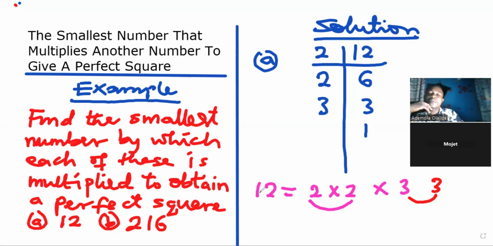So that means we need 3 to multiply 12 to get a perfect square. And if you use 3 to multiply 12, you will get 36. So the result is 3.